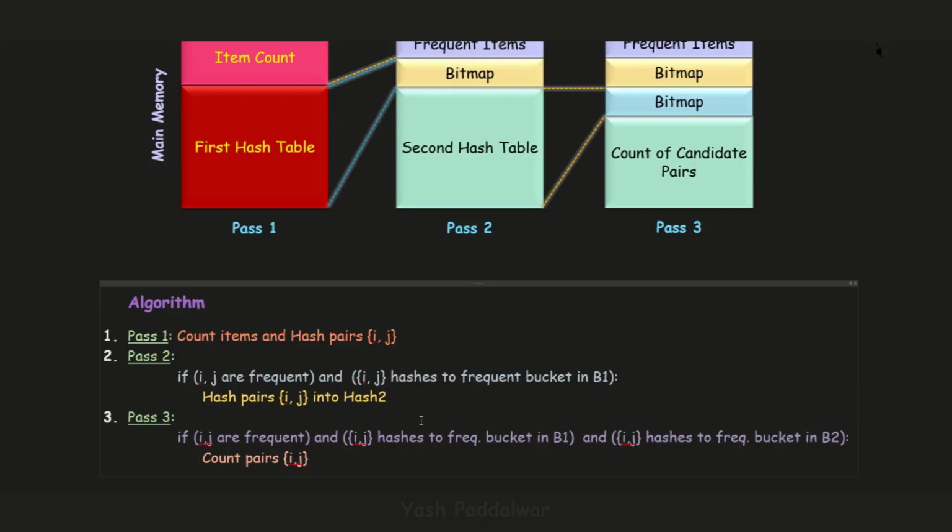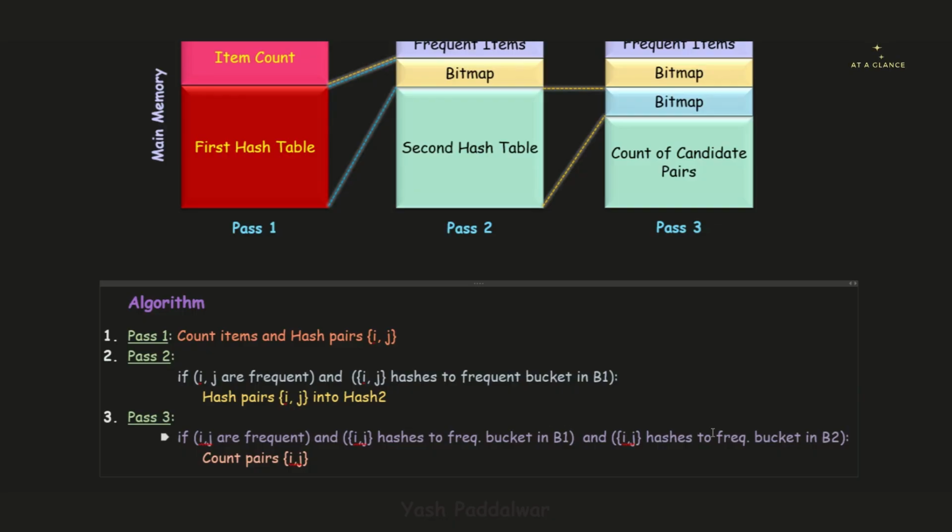Inside pass 3, again we are going to check conditions, this time three. Here you can see that the first two conditions are the same as in pass 2, that is, both items i and j have to be frequent, and the pair created from items i and j must hash to a frequent bucket in B1, that is, from the first hash table.